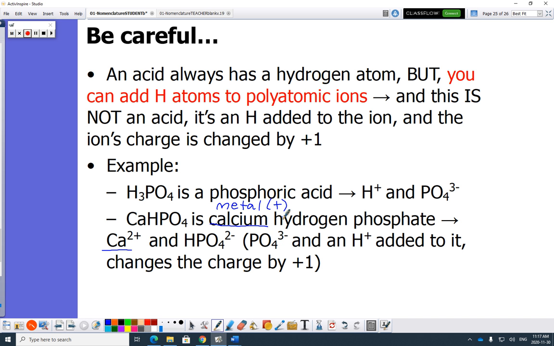Hydrogen phosphate. If it's going to be an acid, it'll either say phosphoric acid and you have to write the name, or it'll say H3PO4 acid and you have to write the name, okay? So when you see that acid, that's your clue. Oh yes, I got this, okay?